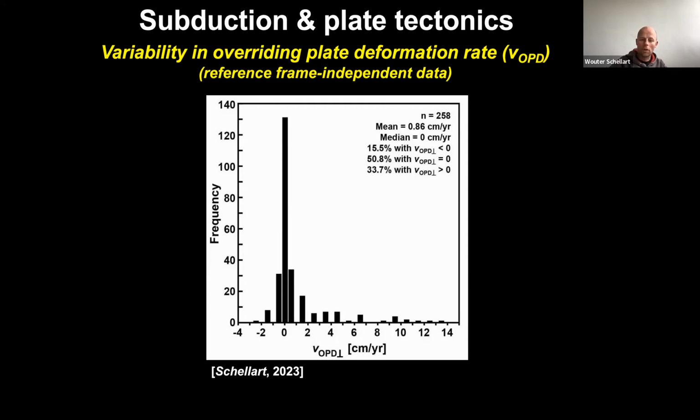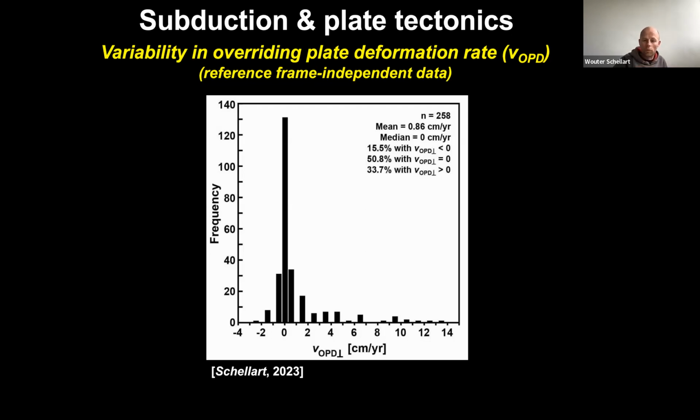We form a back arc basin, and only about 16% show that the overriding plate deformation rate is smaller than 0. So we actually experience shortening. And then about half, about 50%, the overriding plate is not doing very much. So those were the green colors on the map in the previous slide.